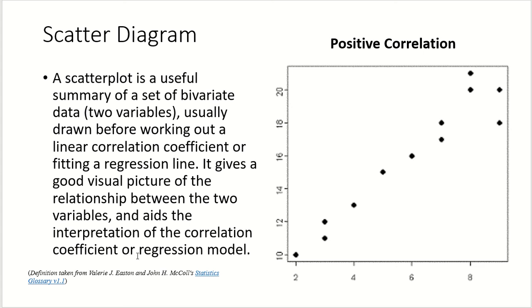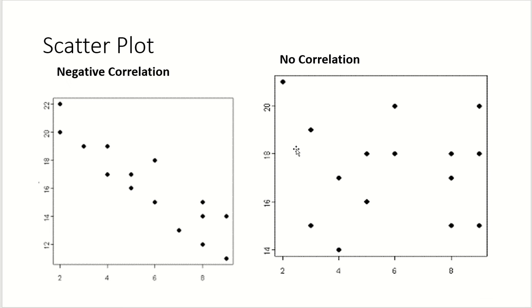Okay? So, ito naman, negative correlation. Ito, medyo malabo, walang correlation. Okay? So, that's it. That's how you visualize data. But, the task that I will ask you to do is somewhat related to this. Okay? So, we'll proceed.